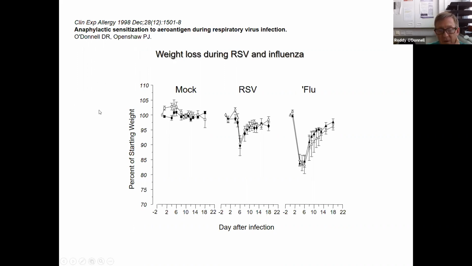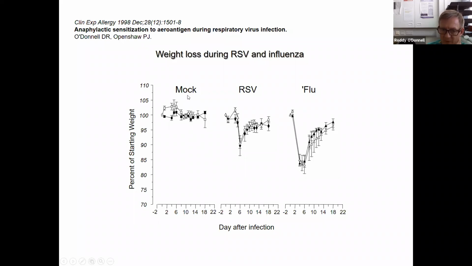Right. So are there any experimental parallels? I was talking about Nelly Siggers' work about allergic sensitization. Well, we can do this in mice. If you look at mice and you infect them with acute respiratory viruses like RSV and flu, during the acute infection, they look unwell, they lose weight, and then they recover and regain their weight.